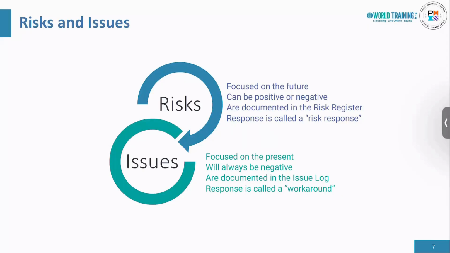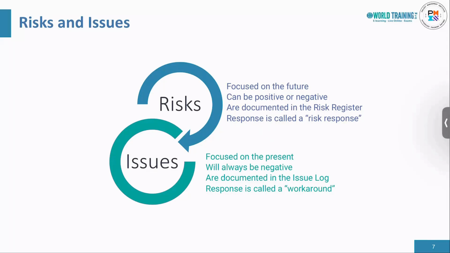The key difference is that an issue has already occurred, and a risk is a potential future event that may or may not happen and can impact the project positively or negatively. However, the impact of an issue is always negative.